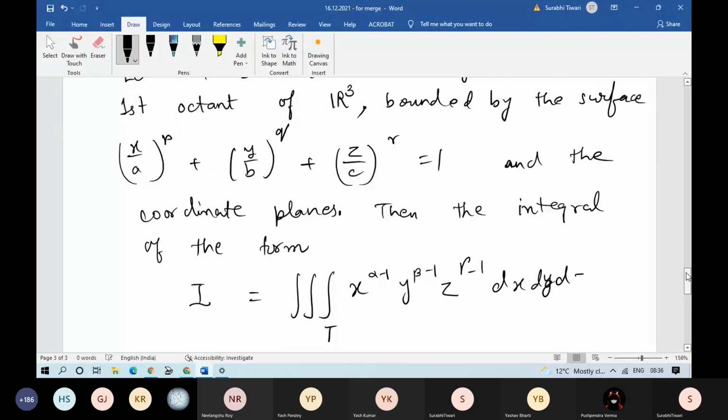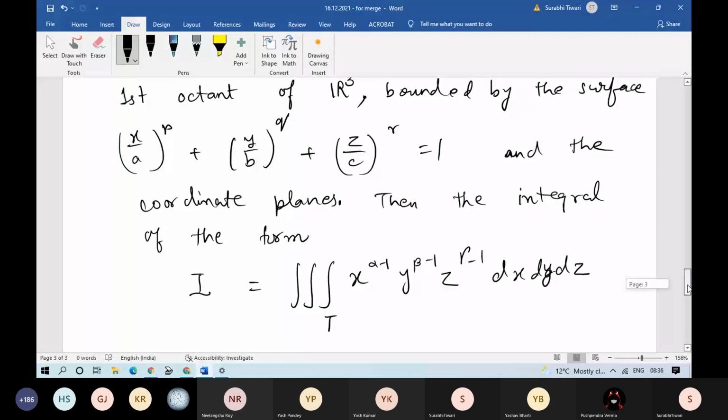This is called the Dirichlet integral. Theek? So you can have different values of p, q, r. So you have different curves, and for different curves, if you calculate this integral for different values of p, q, r, this is called the Dirichlet integral.